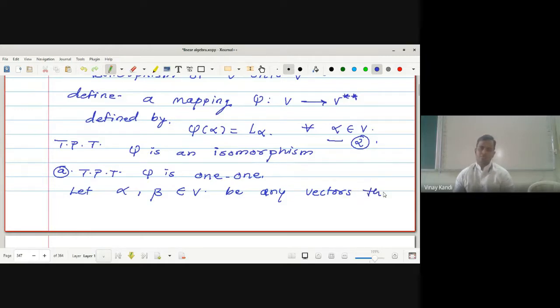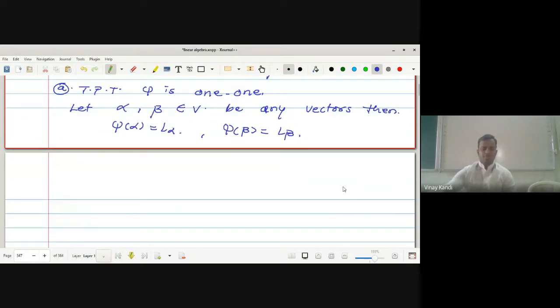Then psi of alpha is equal to L alpha by the definition of psi. Psi of beta is equal to L beta, by the definition of psi.